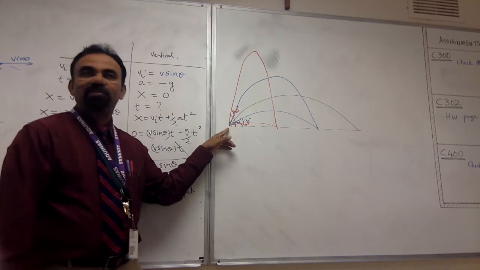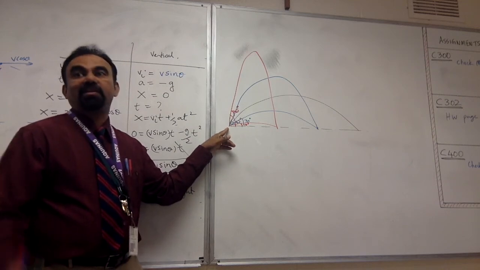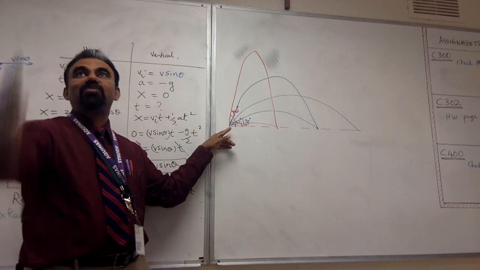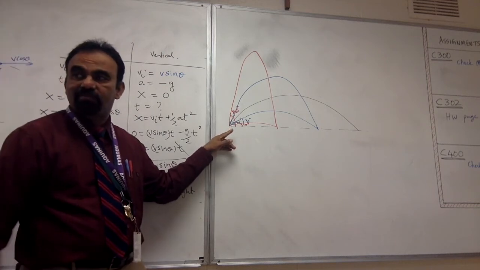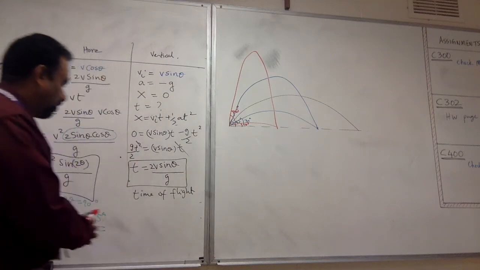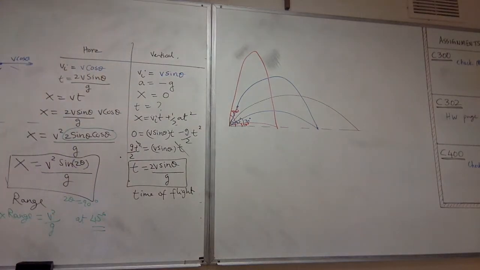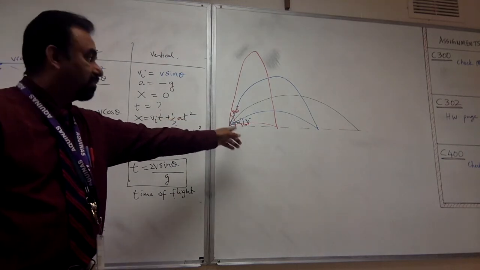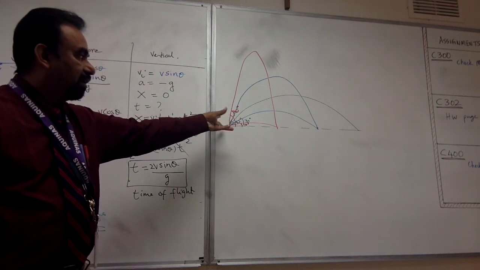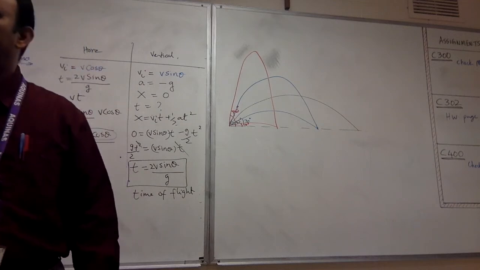It lands at the same spot, and the complement is 90 degrees. If you throw something at 90 degrees, it goes up and lands at the same spot. So that is the range. The maximum range is at 45 degrees, and all complementary angles of projection will get you to the same spot.